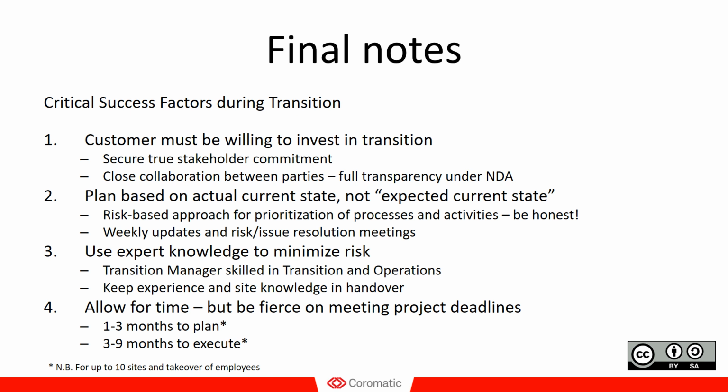So by running the risk-based approach, you prioritize the processes and activities, and you need to be honest when you do these scoping exercises or discovery workshops. If you claim that something is better than it actually is, it will just bite you in the back later on in the project when you need to sort it out under time pressure.